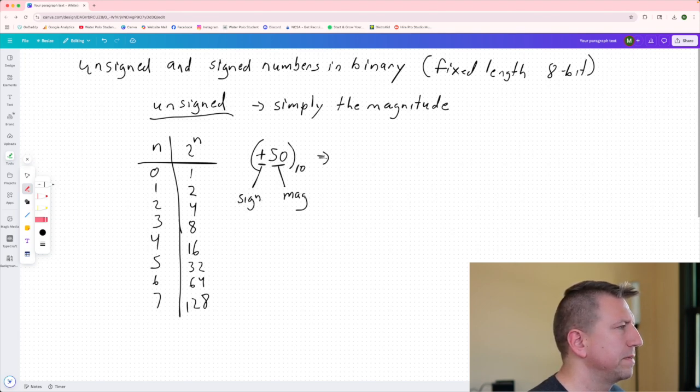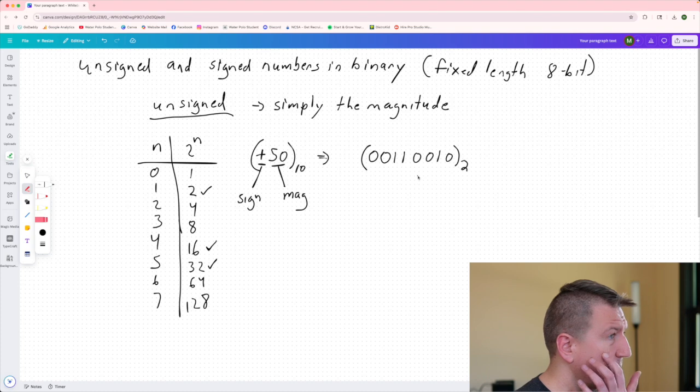Okay. So I need a magnitude of 50. So let's take a look at how we can get that. I need a 32. I'll need a 16, that gives me 48, and then I'll need a 2, that gives me 50. And so this is going to have, written from bottom to top, 0011 0010 as its decimal number.